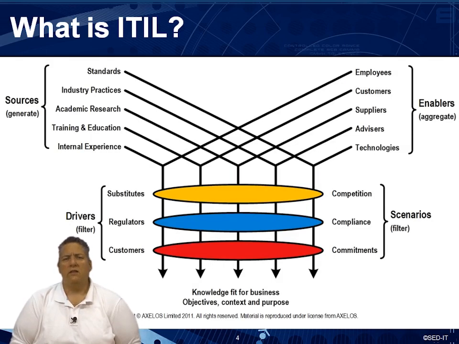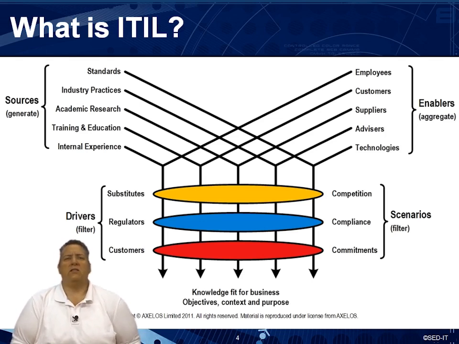As we look at this diagram, this is a very big diagram. It's fairly dense in information, but we really just need to focus on a couple of things. First of all, the top half. So we have sources and we have enablers. Sources generate, enablers aggregate the information.